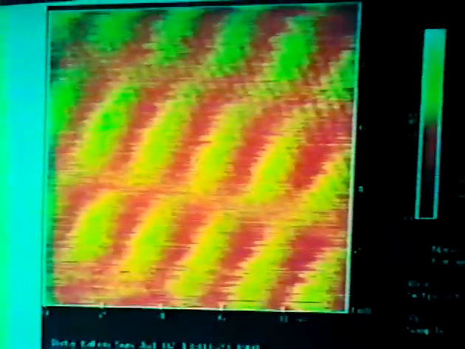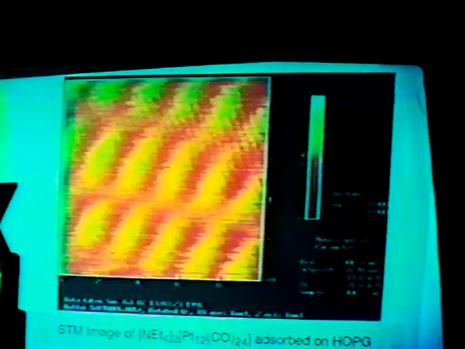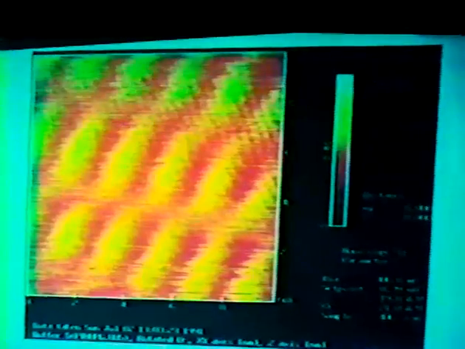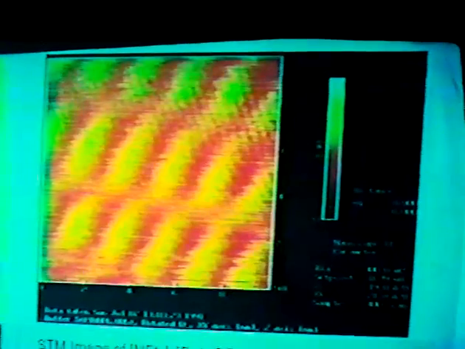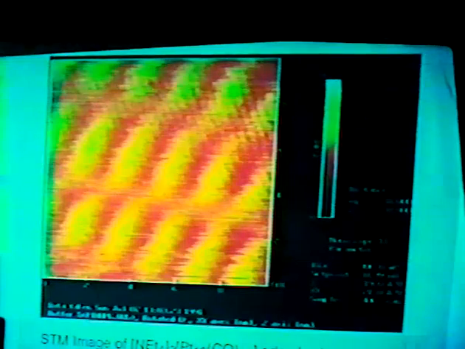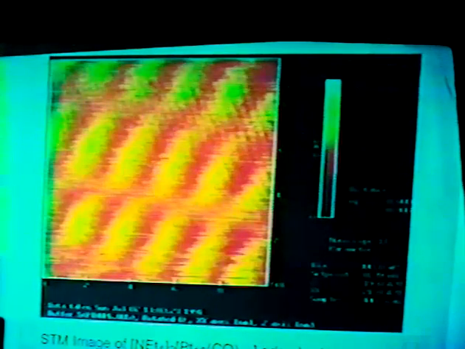Judging by the size of these images, we expect that the clusters will be stuck and oriented, making a monolayer on the graphite surface.